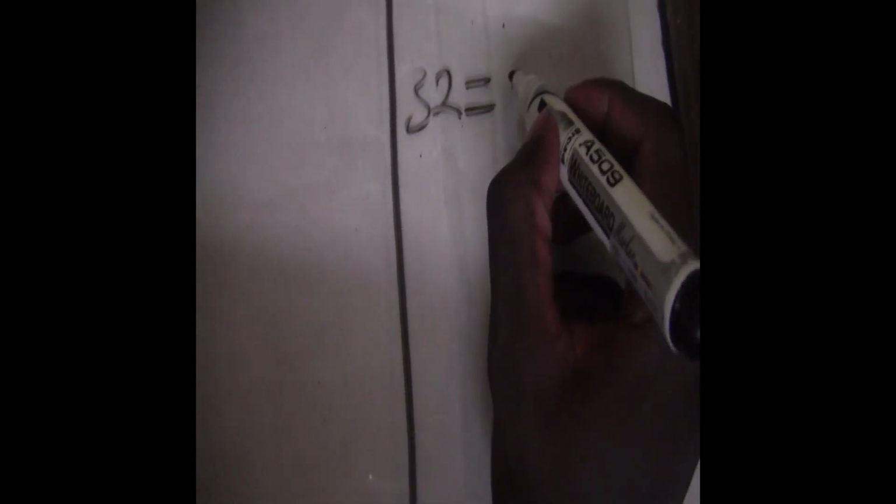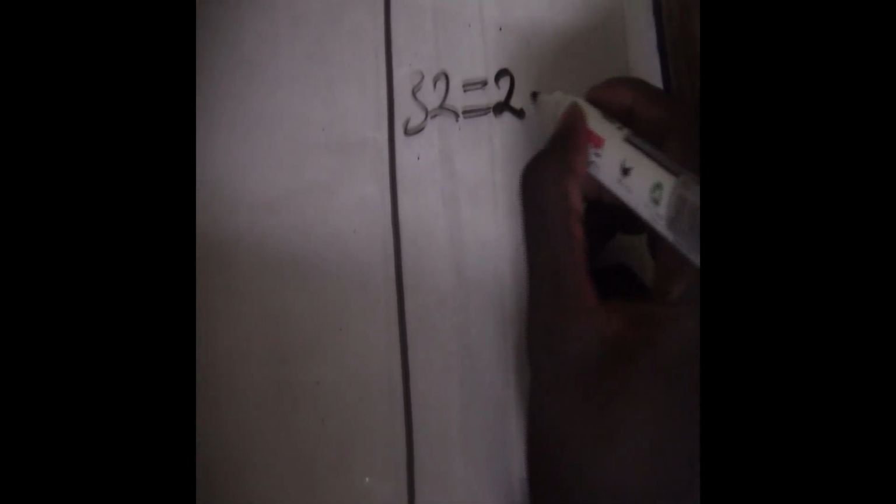For 2 you get 2. So it's 1, 2, 3, 4, 5. So that is 2 raised to power 5. So we shall write it here. 32 is equals to 2 raised to power 5.